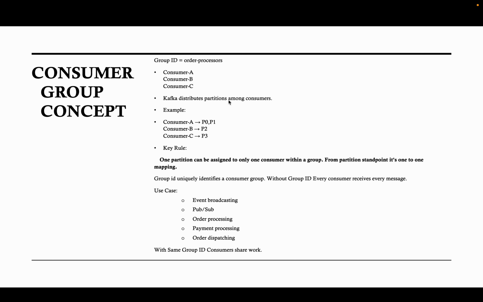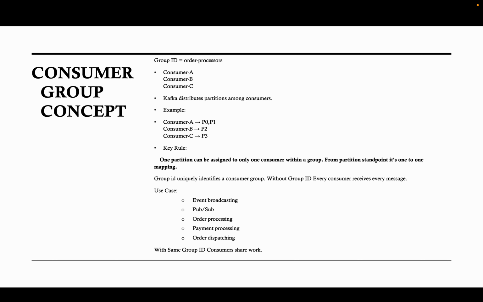Now Kafka distributes partitions among the group. We saw that the order processing topic has 4 partitions. So consumer A will get 0 and 1, B will have 2, C will have 3. There is no particular sequence for this.